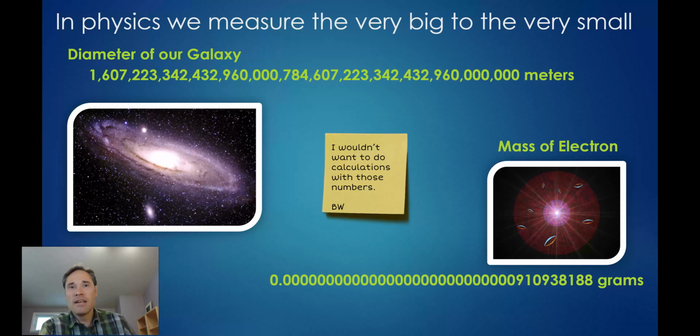Our galaxy is called the Milky Way, and at the middle of it there's more than likely a black hole. But we've been able to measure the diameter of our galaxy, and how in the world would you measure something like that, considering that we just stand here on the Earth?